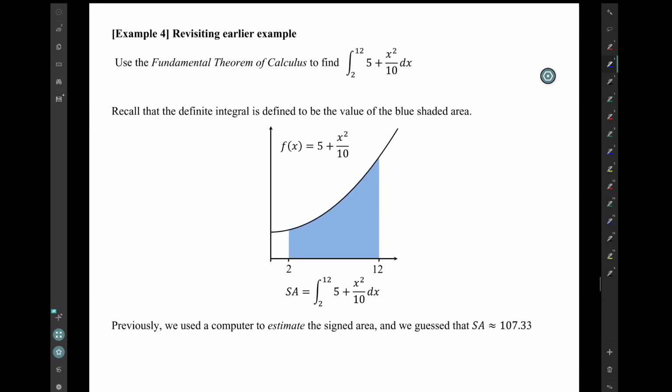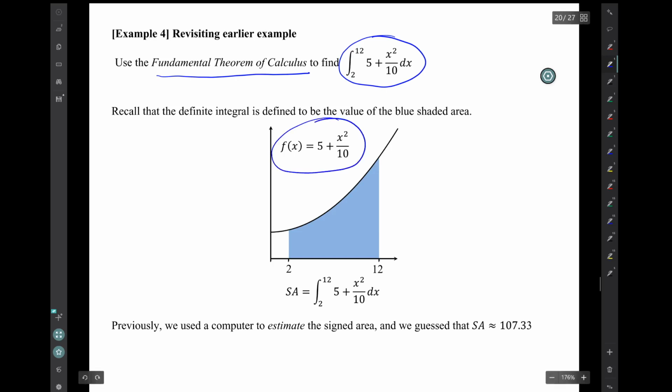So the first example that we'll do is revisiting an earlier example. We want to use the fundamental theorem of calculus to find this definite integral. Now remember that that definite integral is defined to be the value of this blue shaded area, the region between the graph of little f equals 5 plus x squared over 10 from x equals 2 to x equals 12.